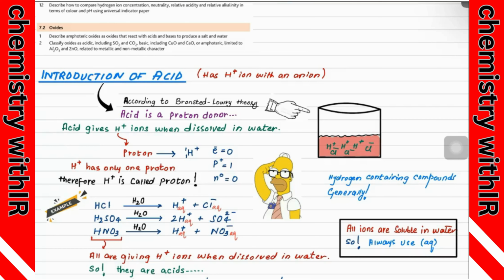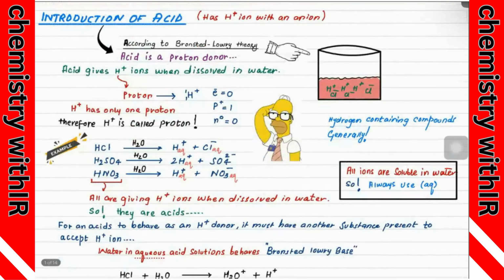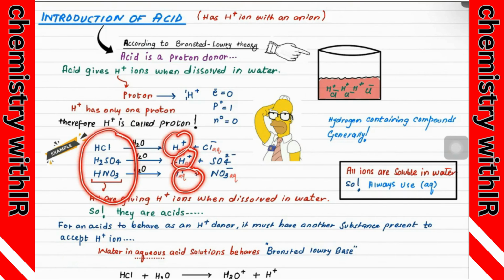Of course, HCl has a proton, that is hydrogen. Then we have H2SO4, and then HNO3. Any of these acids are going to donate H positive. So these are called acids.